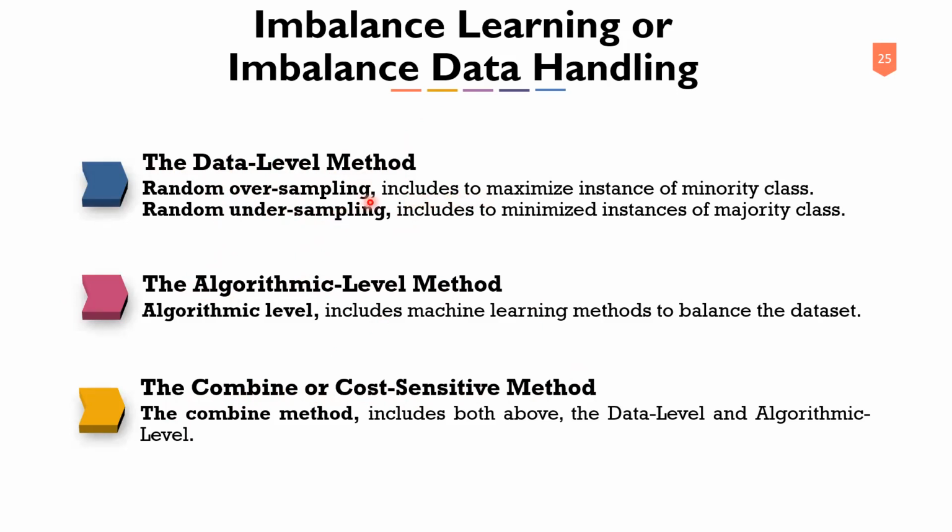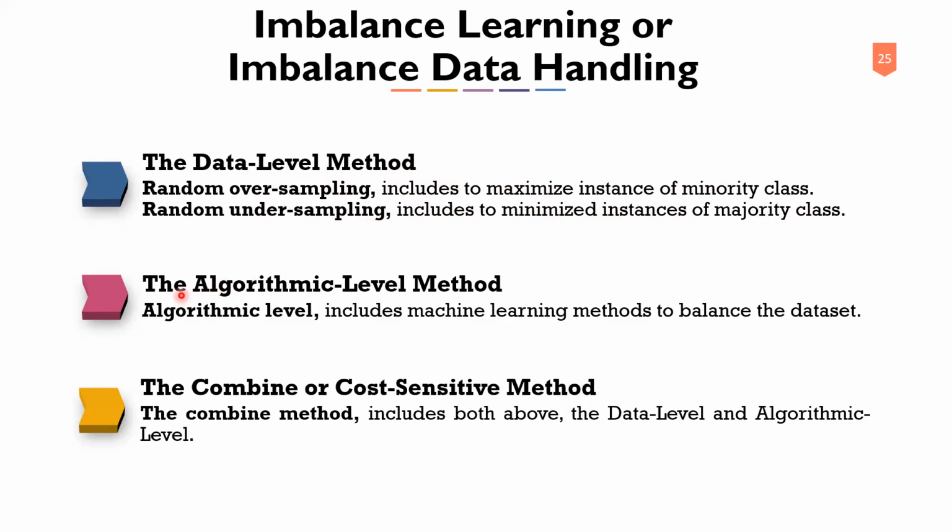Oversampling increases the instances of the minority class to equal the majority class, and undersampling minimizes the instances of the majority class to equal the minority class. We also have a variety of algorithms in the data level method, like the SMOTE algorithm, Synthetic Minority Oversampling Technique, and some others like resampling.